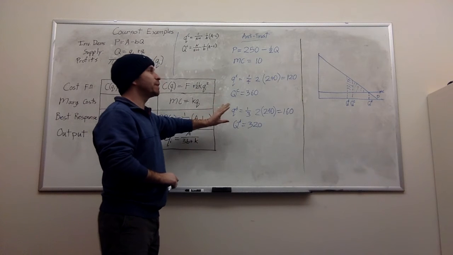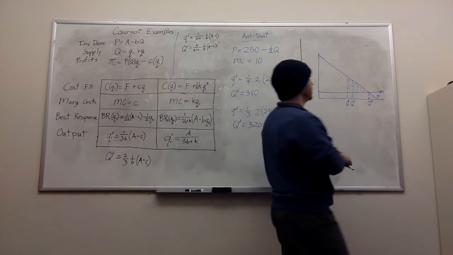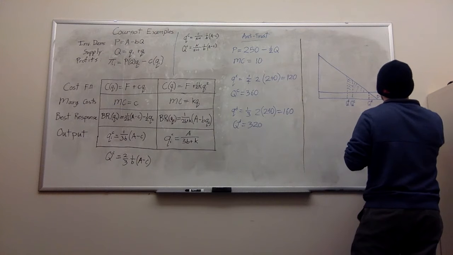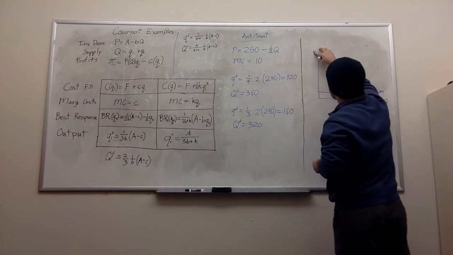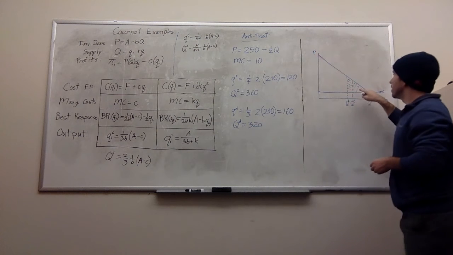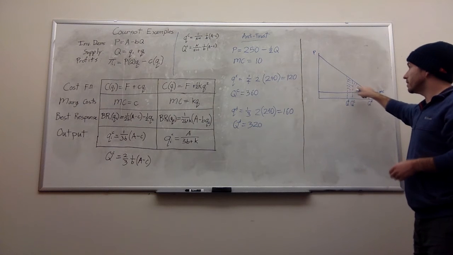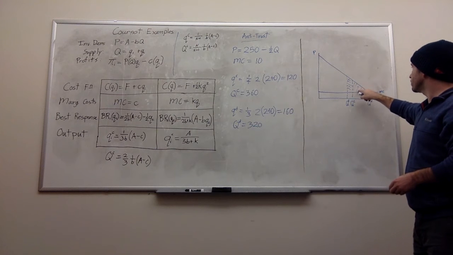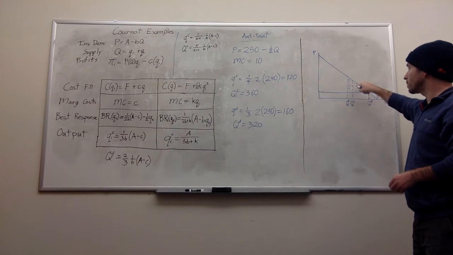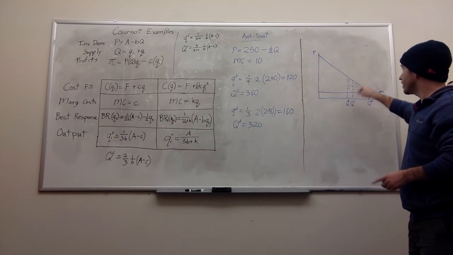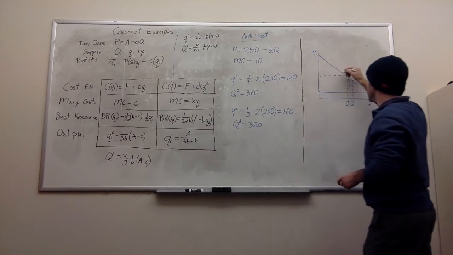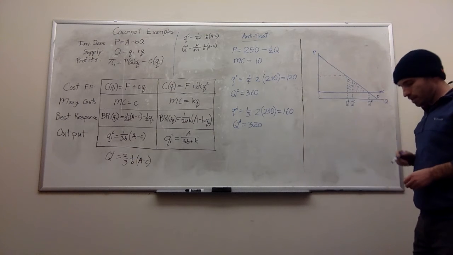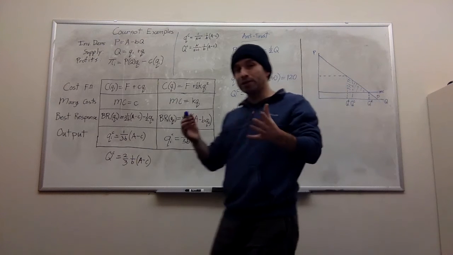When I say deadweight loss right now, I'm only referring to the lost producer or lost consumer surplus. That's producer surplus, because the price they're charging is up here, consumer surplus is there, and we're losing surplus.